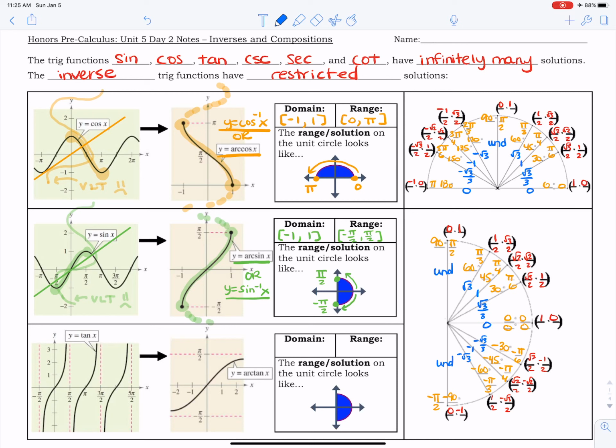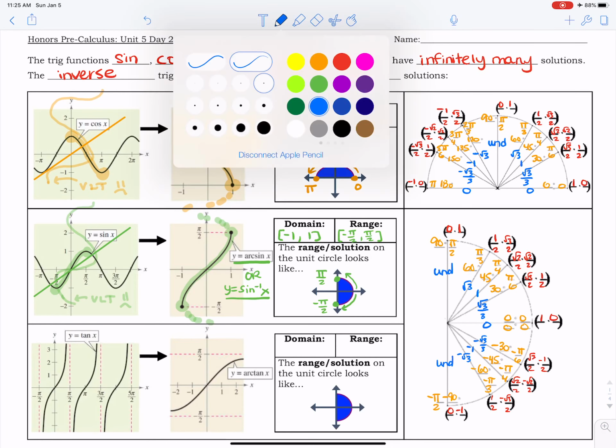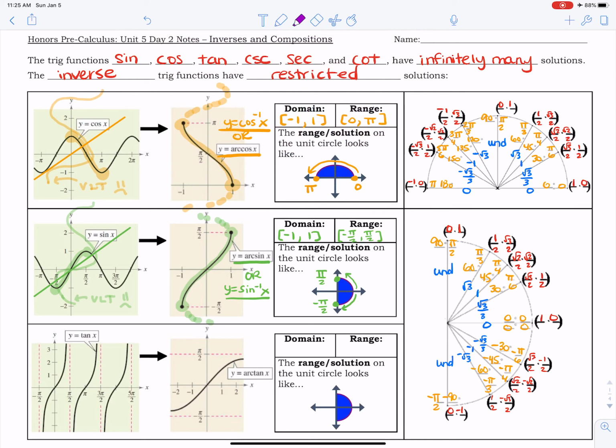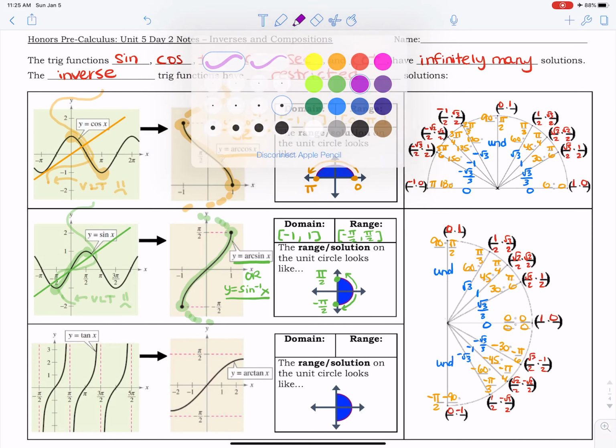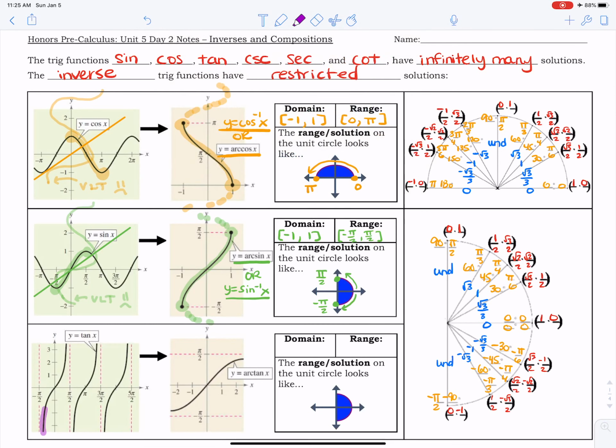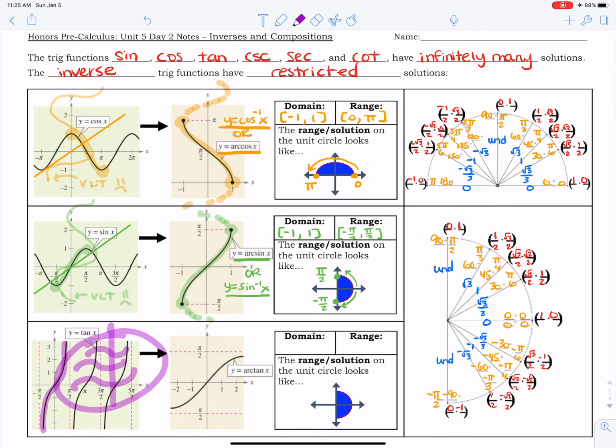All right, last one is our tangent inverse function. And the part that we are going to use is this first graph. Why? Because when we reflect it, we don't want to have a whole bunch of graphs going horizontally, and then it definitely fails the vertical line test.